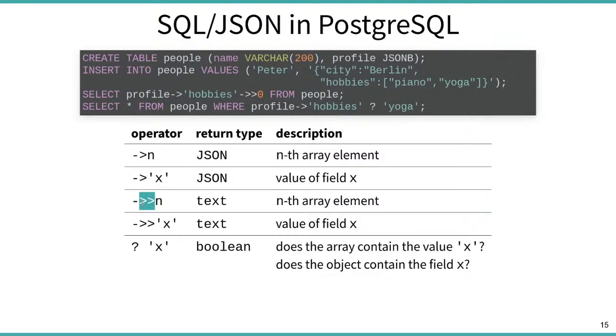produce scalar data types. So the result here is not JSON, and here also not JSON. It is a text.